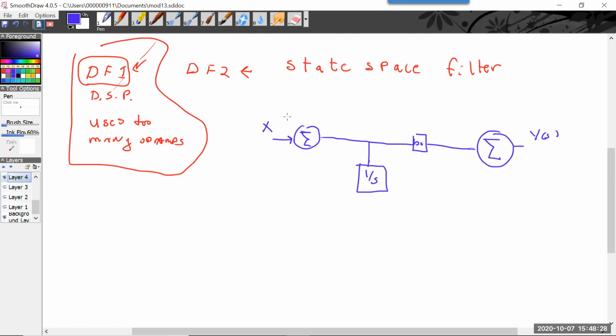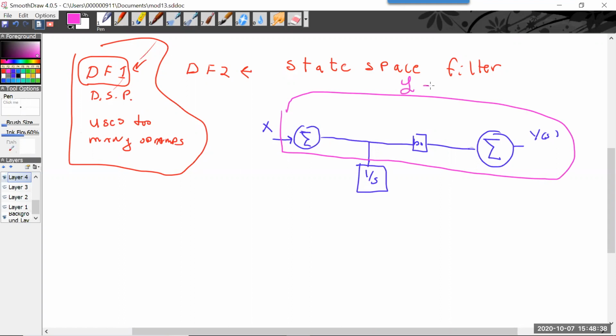If I just did Y equals B naught X, you don't need anything fancy. That's just a gain stage. But now we're using the feedback method that we talked about last time.